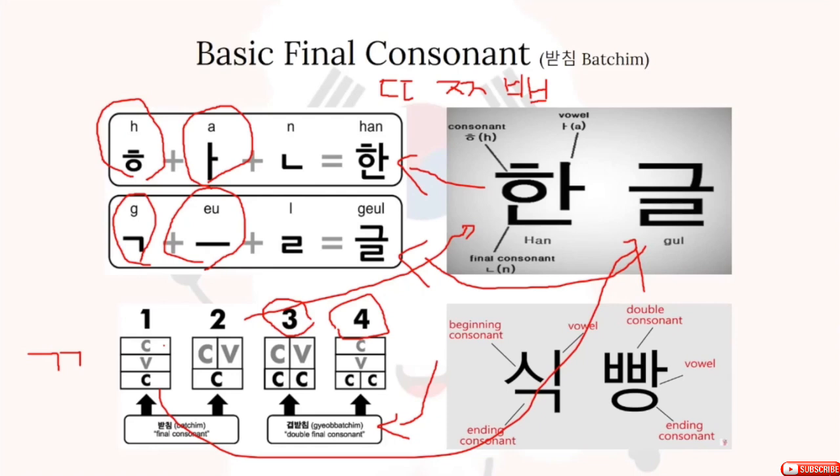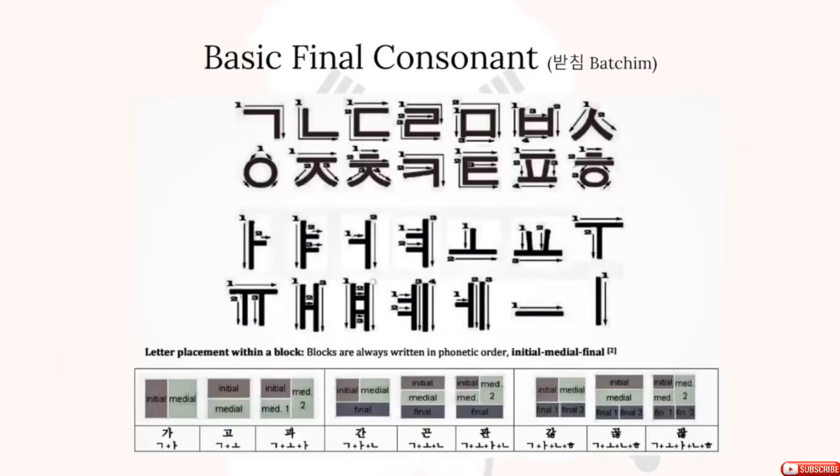Great. Okay. So moving on. This is just a brief introduction about the basic final consonants, because I'm sure you'll be having a headache already. So this is pretty much the whole picture, the whole diagram of how the basic final consonant is.